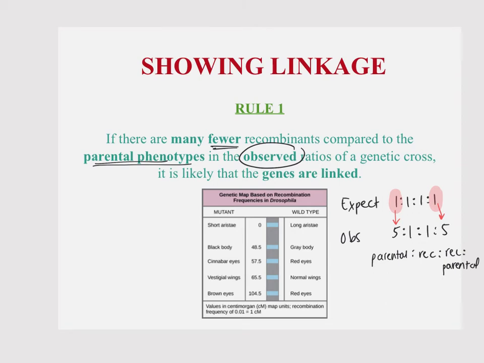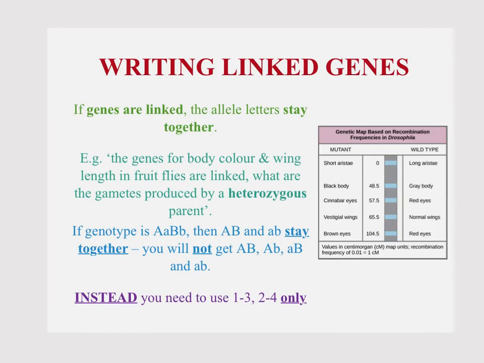Okay, and there's much fewer recombinants compared to those parents as well. So only 2 out of 12 of those offspring are actually those recombinant phenotypes. Okay, so rule number 1, if there are many fewer recombinants compared to the parental phenotypes in the observed ratios of a genetic cross, it is likely that the genes are linked. Notice that we're using the word likely, not definitely.